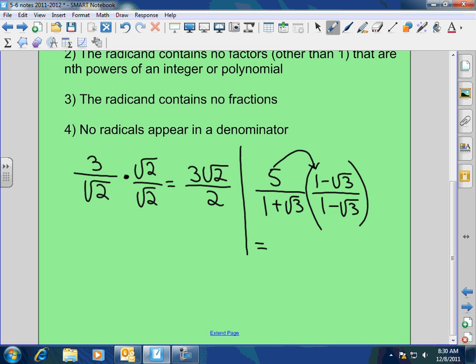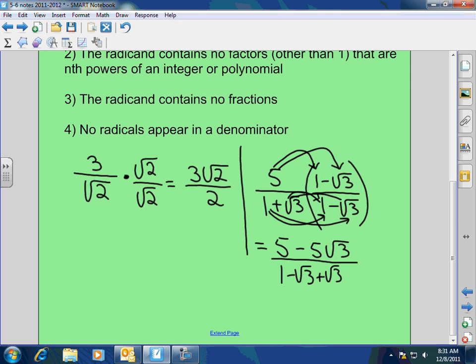5 times 1 is 5 minus 5 times negative square root of 3 is negative 5 square root of 3 over 1 times 1 is 1. 1 times negative radical 3 is negative radical 3. Radical 3 times 1 is positive radical 3.